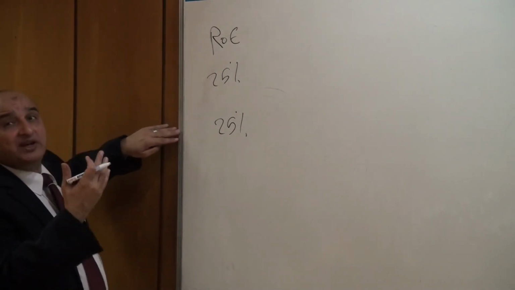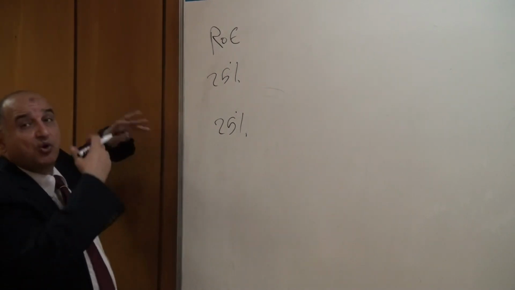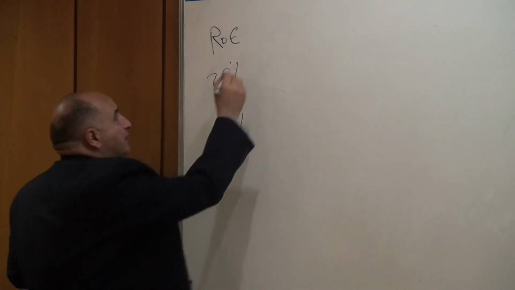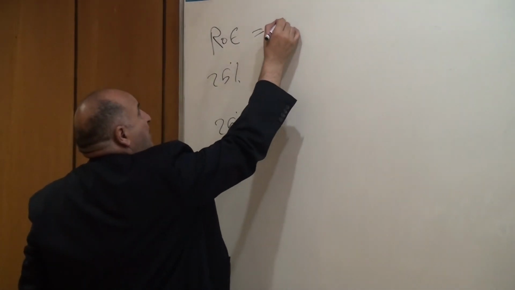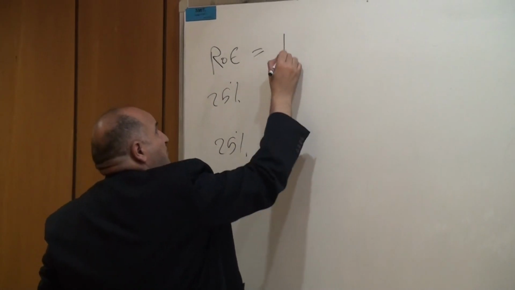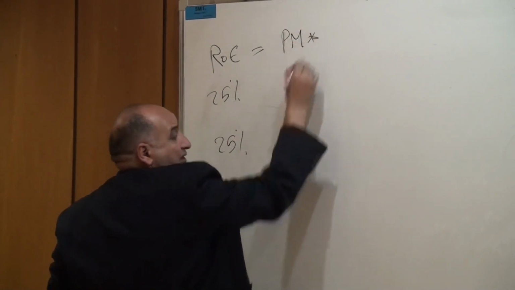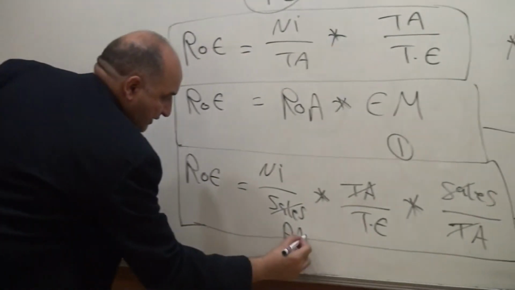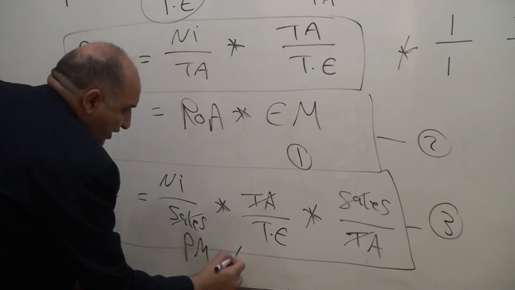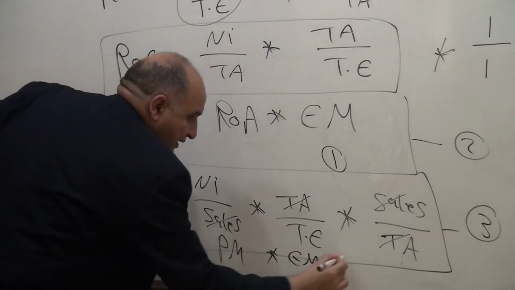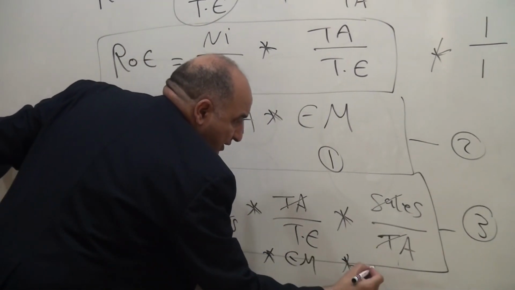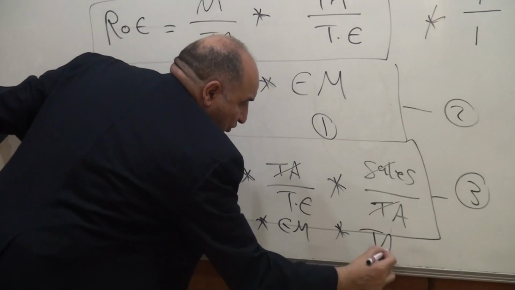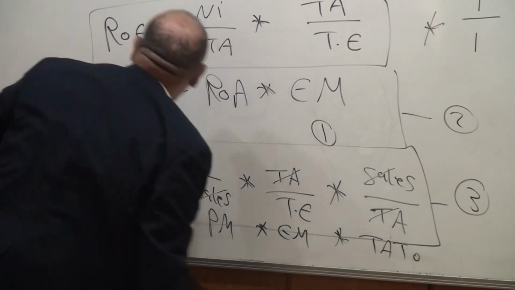But using Dupont analysis, which gives you more view, ROE equals profit margin multiplied by equity multiplier multiplied by total asset turnover.